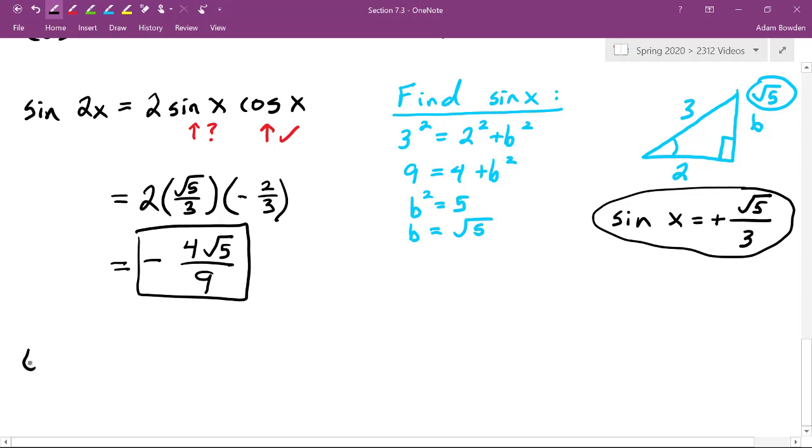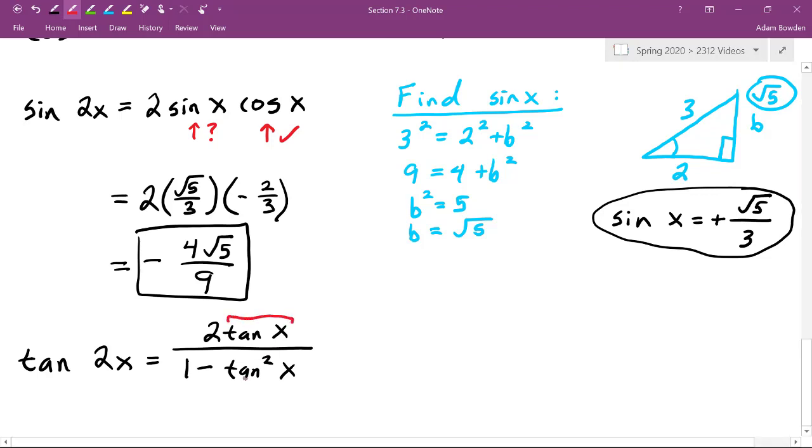Now the last one is to find tangent 2x. And our double angle formula for tangent goes 2 tan x divided by 1 minus tan squared x. Now to be able to plug in and calculate, we actually need to know what the value of the tangent is.